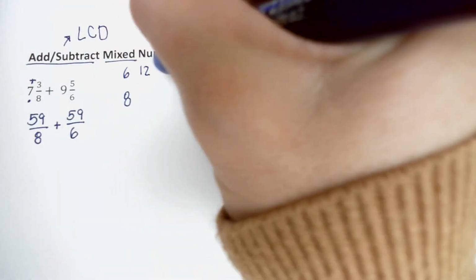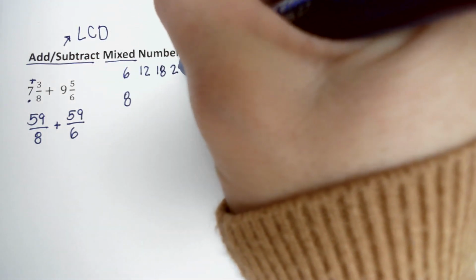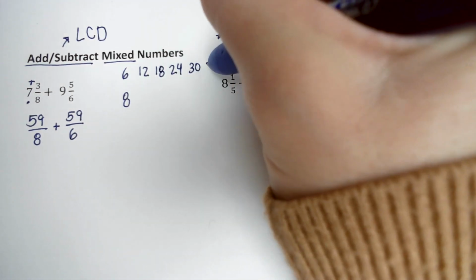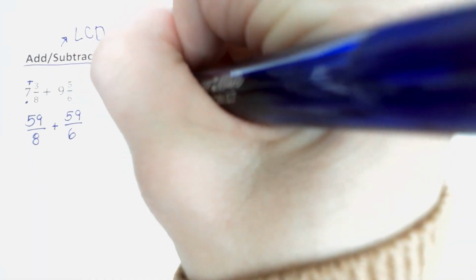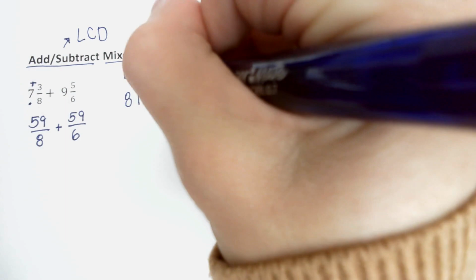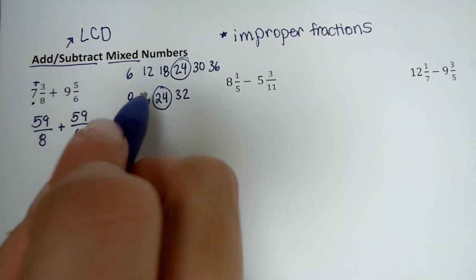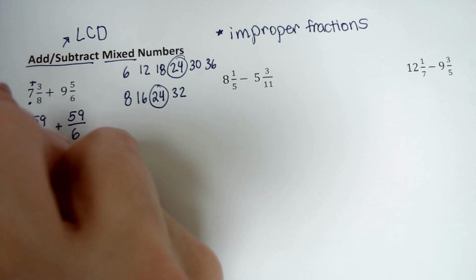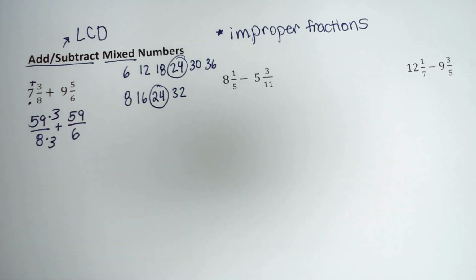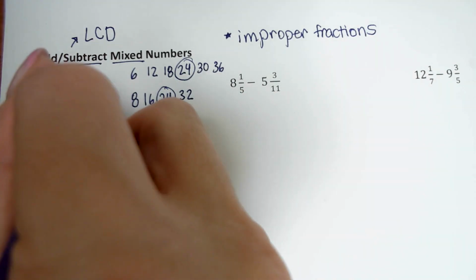Well, 6, 12, 18, 24, 30, 36, 8, 16, 24, 32. 24 is our LCD. So for 8, that's multiplying by 3. And for 6, we have to multiply by 4.